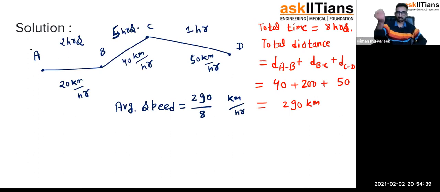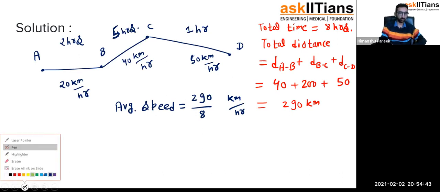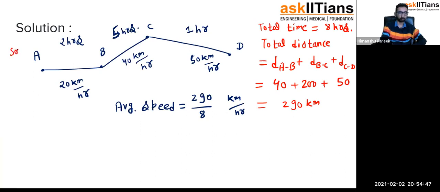Let's say again, I am calling those two people my favorite guys. First of all, let me call Sonu. Sonu has done this. He went from A to B, B to C, and then C to D. And these are the speeds which Sonu has taken: 20 km per hour, 40 km per hour, 50 km per hour.